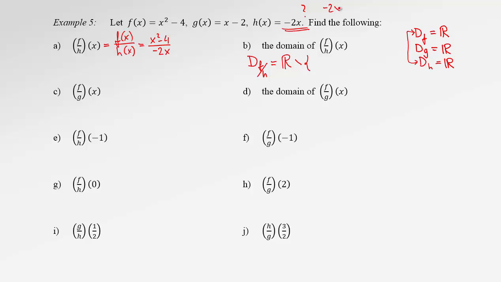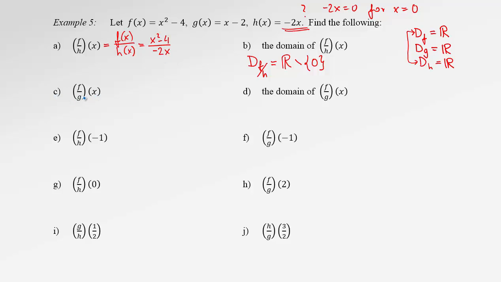Well, negative 2x is 0 for x being 0. So we have to get rid of 0 from the domain of the quotient function. Therefore, the overall domain of the quotient is all real numbers except for 0, because 0 will make this denominator 0, which is not allowed.